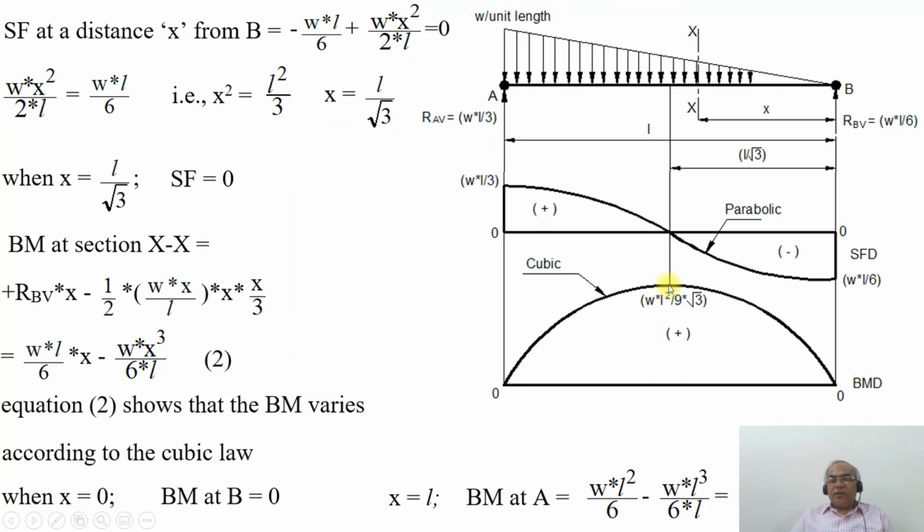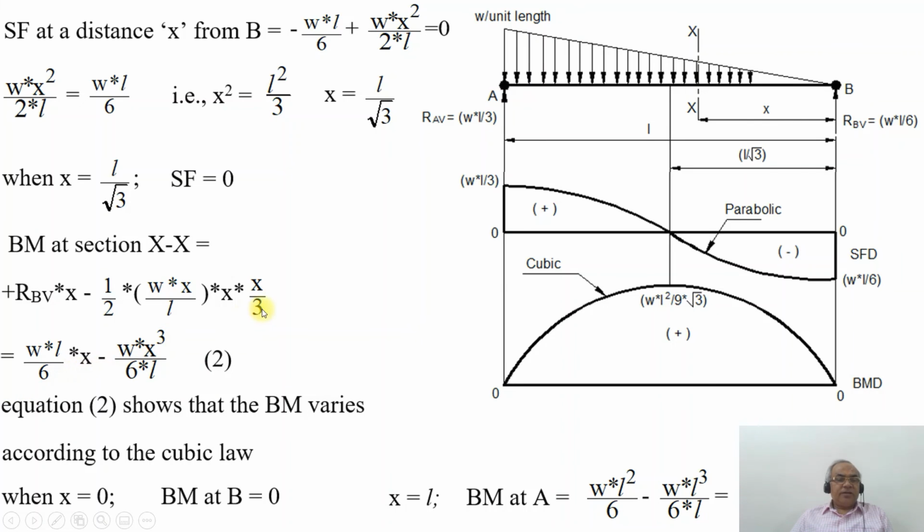Now we want to get the value of BM at C, which is at this point, where you must get WL square by 9 root 3. To get that, we need to put the value of x equal to L by root 3 in this equation. W into L by 6 into L by root 3 minus W by 6L into L cube by 3 root 3, that is 18 root 3.